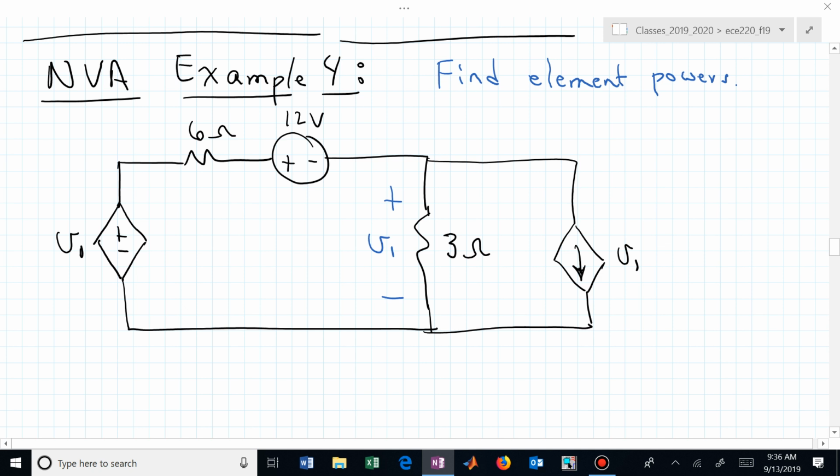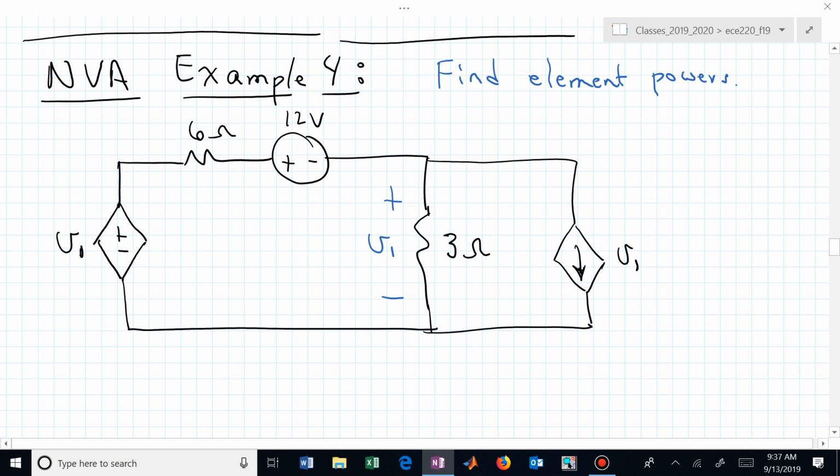What do we need in order to solve that? If I gave you another box, and it contains V1, could you do what we need for this circuit? If I happen to just give you V1, could you tell me what power is associated with that 3 ohm resistor?